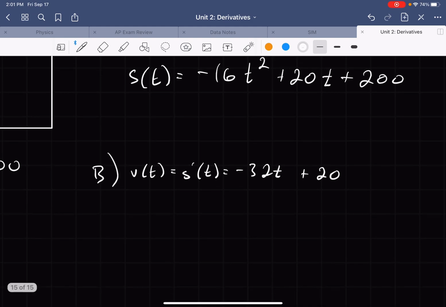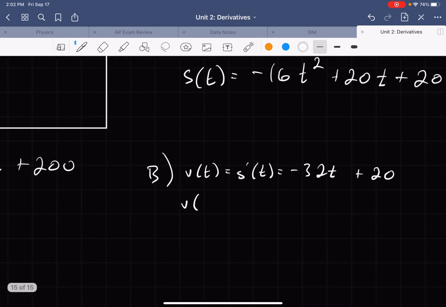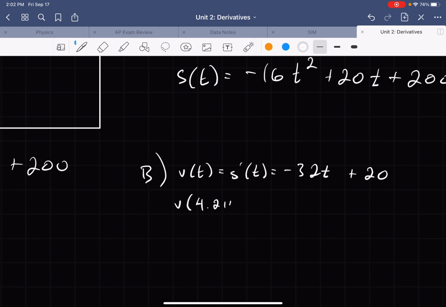And then now we just want to figure out what's the velocity at this time that we found earlier, 4.215. So that would be negative 32 times 4.215 plus 20.